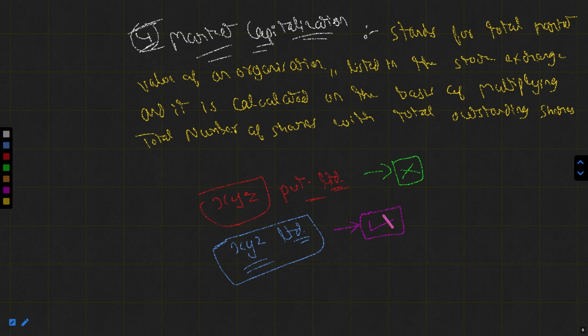Okay, so this is the first condition which is satisfied, that the company must be listed on the stock exchange, then only it could issue shares. All right, so second is calculation. Calculation is on the basis of multiplying the total number of shares with the outstanding shares.